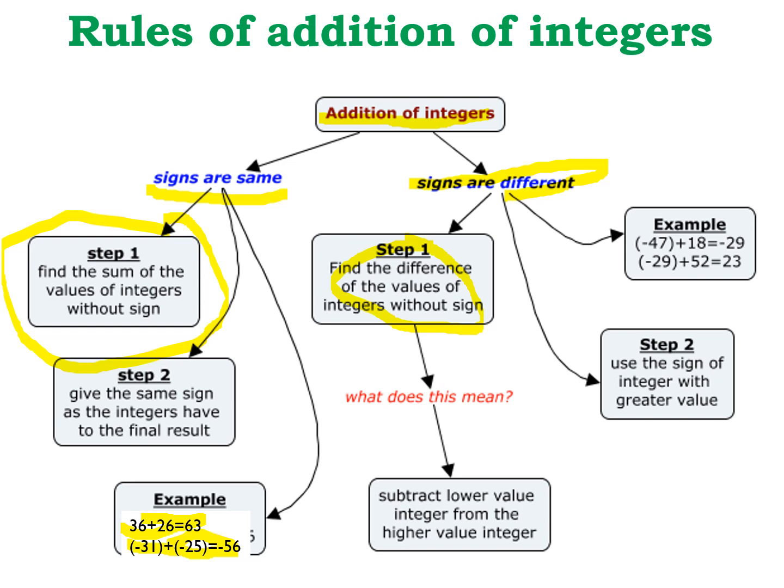You will actually subtract 18 from 47. We will get the answer as 29. Now since my larger number here is 47 and it has a negative sign, the answer will have a negative sign and the final answer will be minus 29.